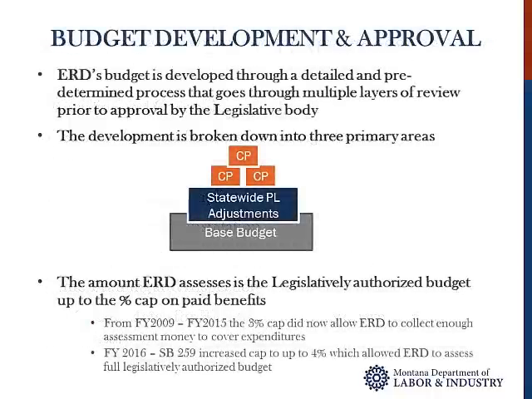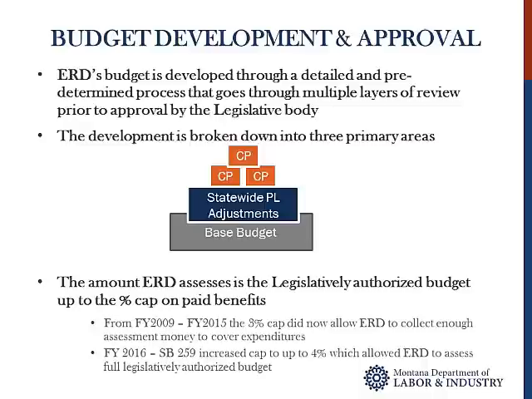The Department is often asked how we spend our budget, as well as how we develop our budget and how our budget is used in the calculation of the assessment. The most important part of the budget process to understand is that the Department is not allowed to artificially grow our budget or have spending authority that is not approved by the legislature. The budget approval process goes through several steps.